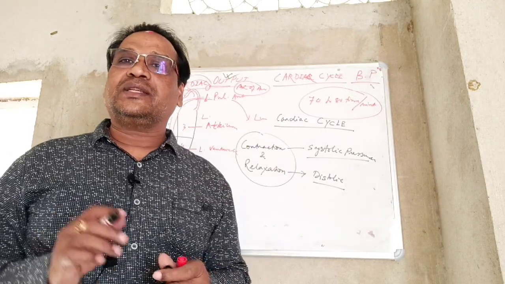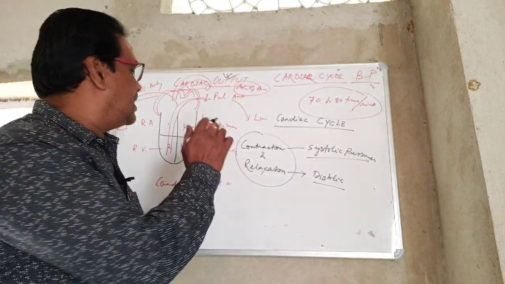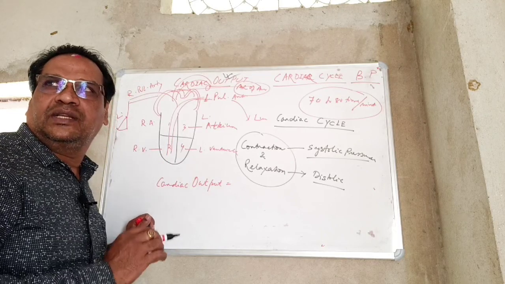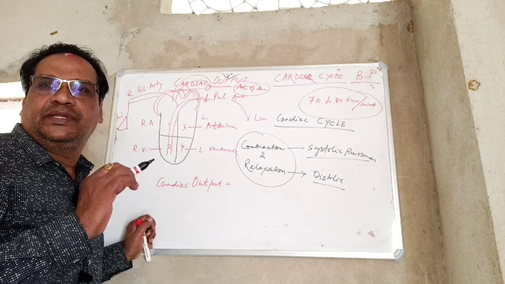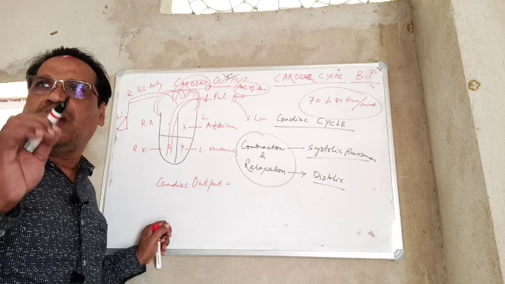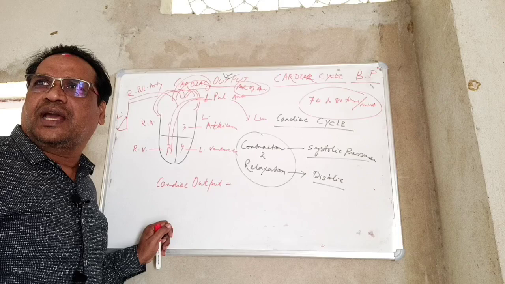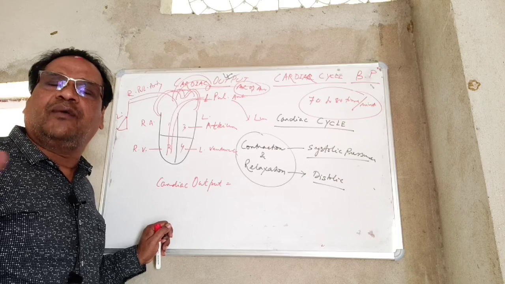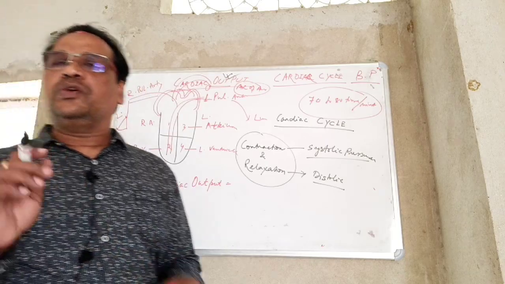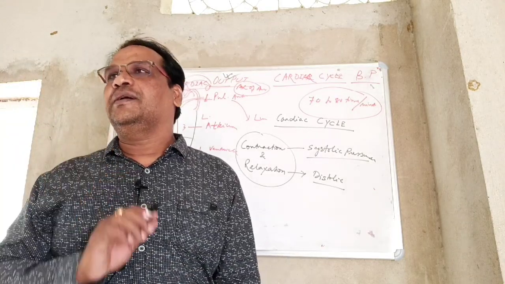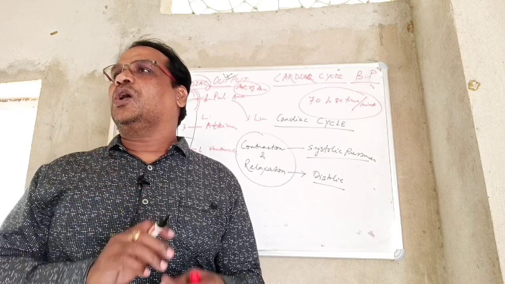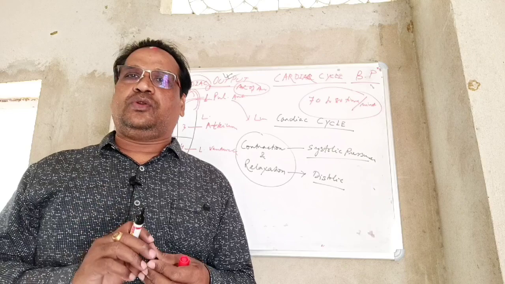The contraction and relaxation of the atria and ventricles during the complete heartbeat is called one heart rate cycle. The cardiac cycle refers to the pattern of contraction and relaxation of the heart during one complete heartbeat, beginning with all chambers in diastole.